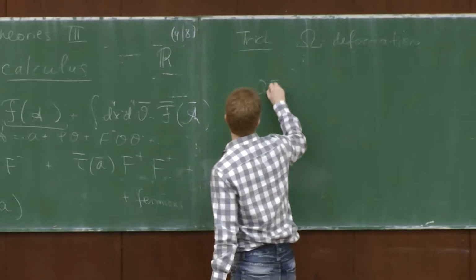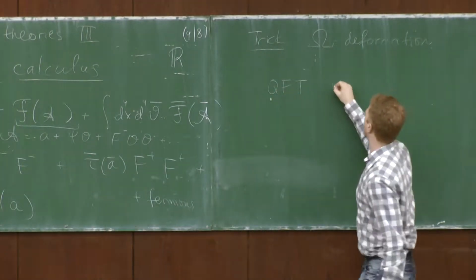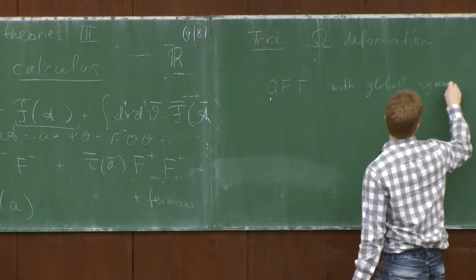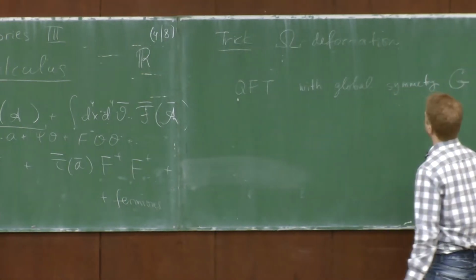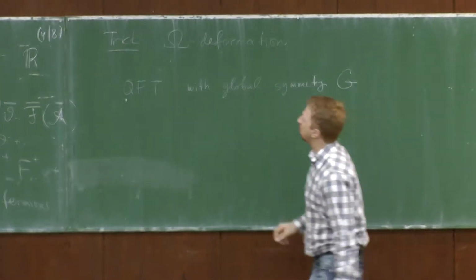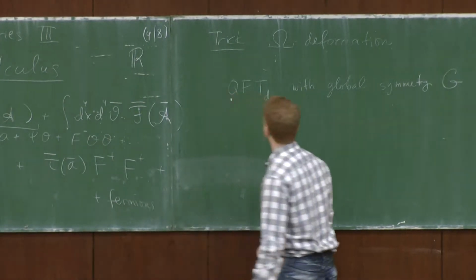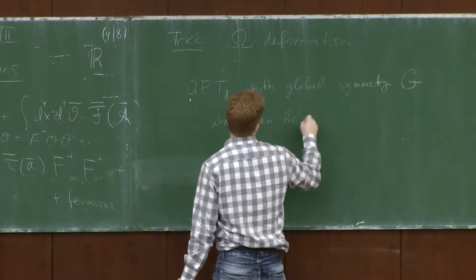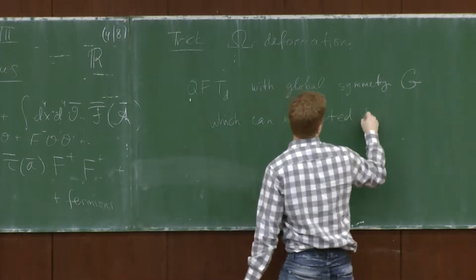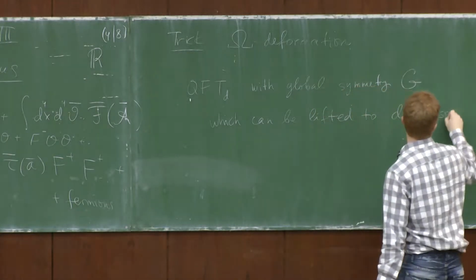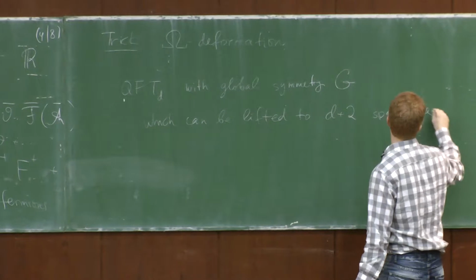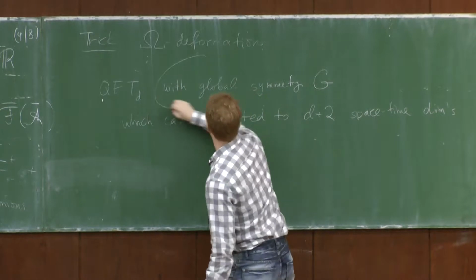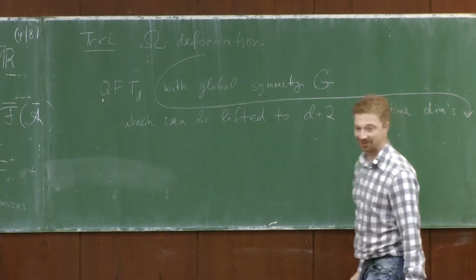Suppose it works in any quantum field theory with global symmetry, let's say G, which lives in D dimensions, which can be lifted to D plus 1, D plus 2, sorry, D plus 2 space-time dimensions while preserving the symmetry.